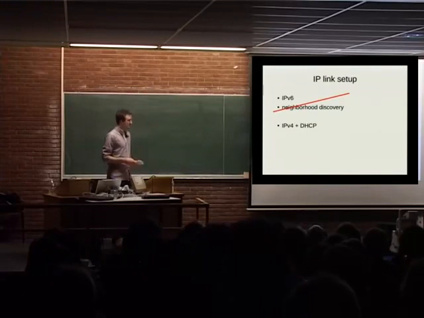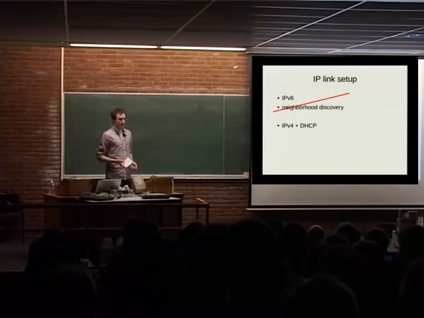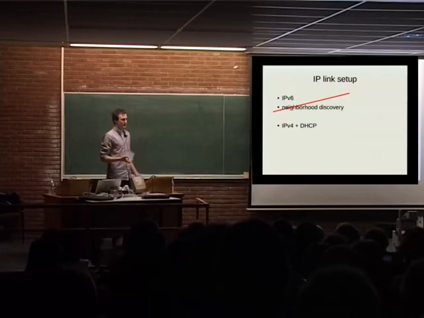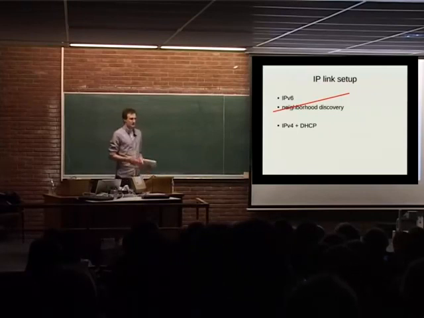The other problem is IPv4 obviously is quite a narrow namespace, and they normally use 192.168. And if you're unlucky, two networks you're connected to just use the same address. You have no chance to avoid that.